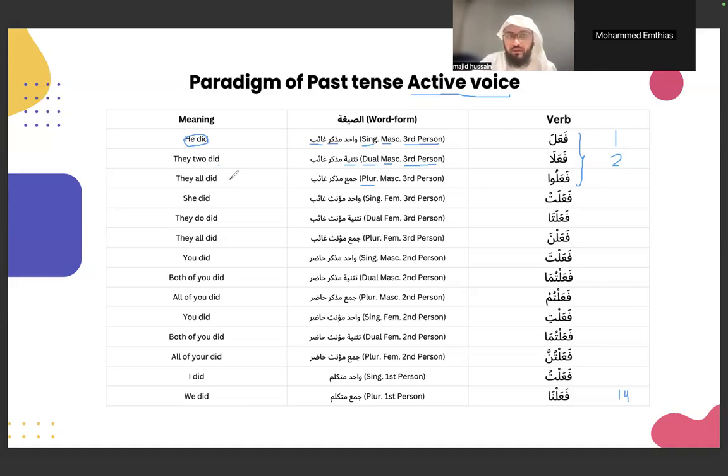Must be more than three, that means three plus people here. Then from here, number four, I'll change the colors.